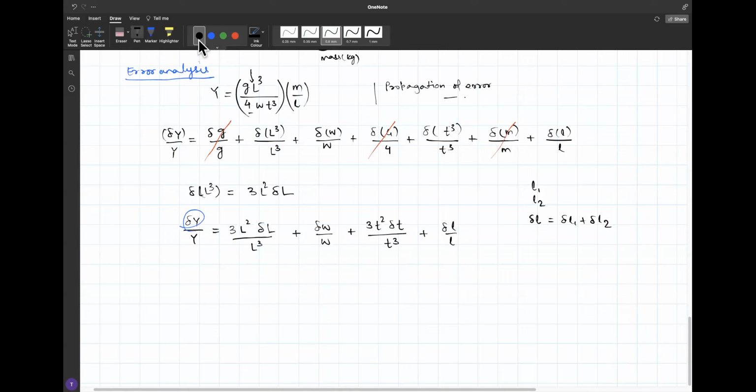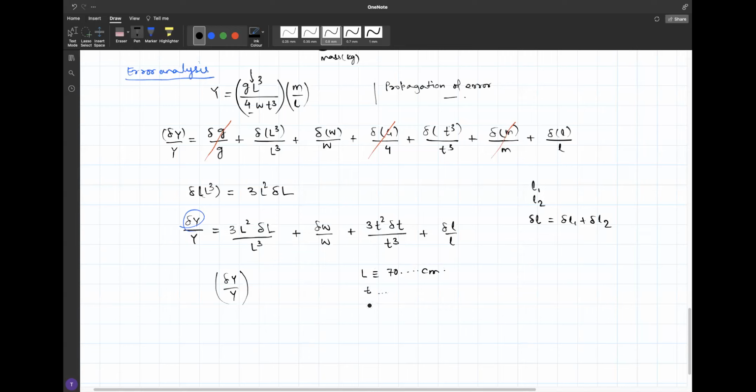And then, once you know the L, you can calculate your delta Y by Y if you know. So L is something which is given to you, right? Let's say 70 or whatever centimeter. Then thickness also is given to you.